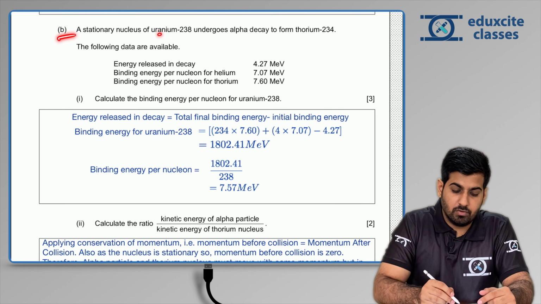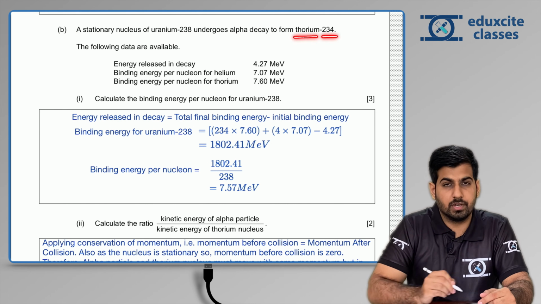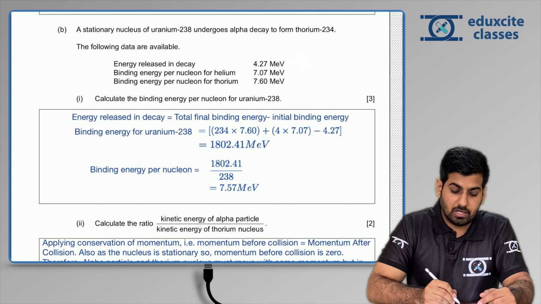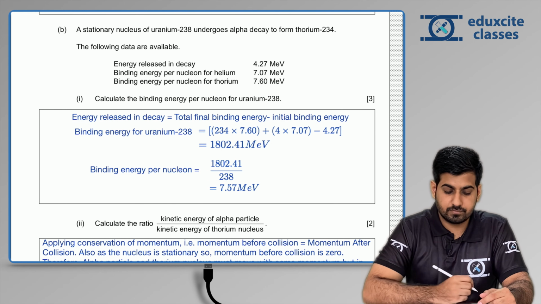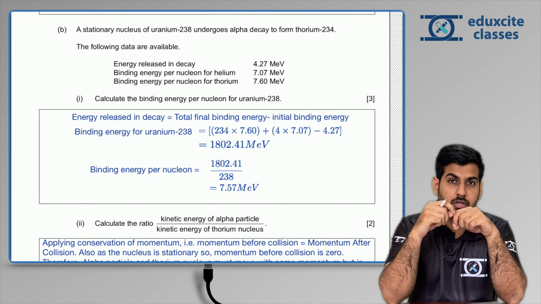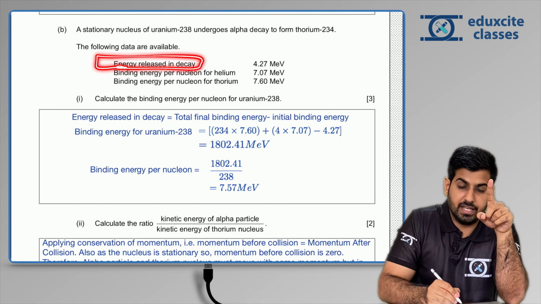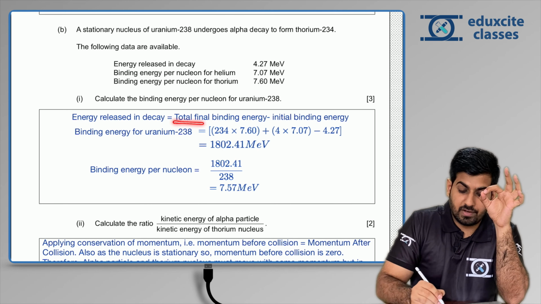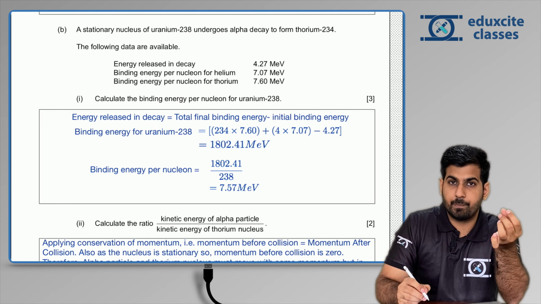Now a stationary nucleus of uranium-238 undergoes alpha decay to form thorium-234. The following data are given. Calculate the binding energy per nucleon for uranium-238. To find this, first understand that the energy released in the decay is equal to the total final binding energy minus the initial binding energy.